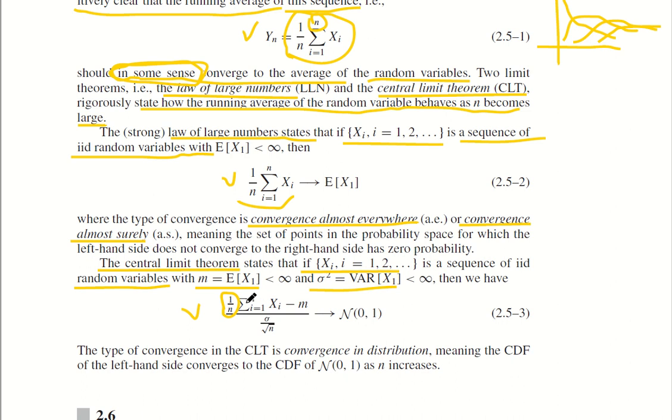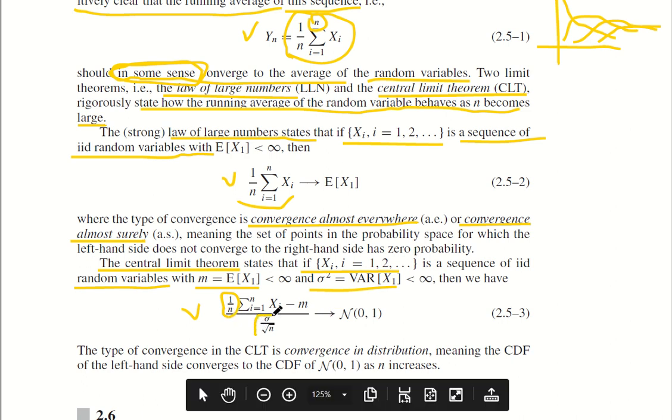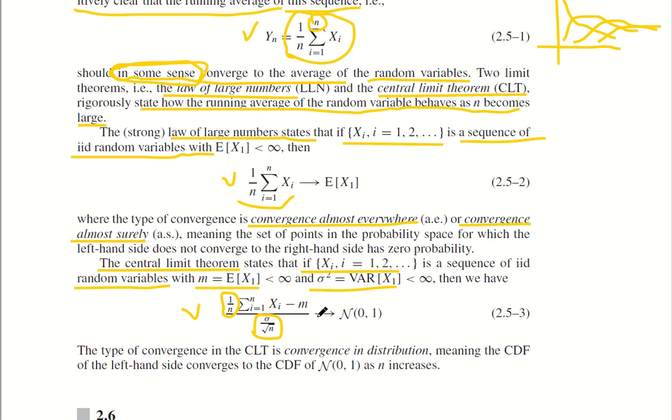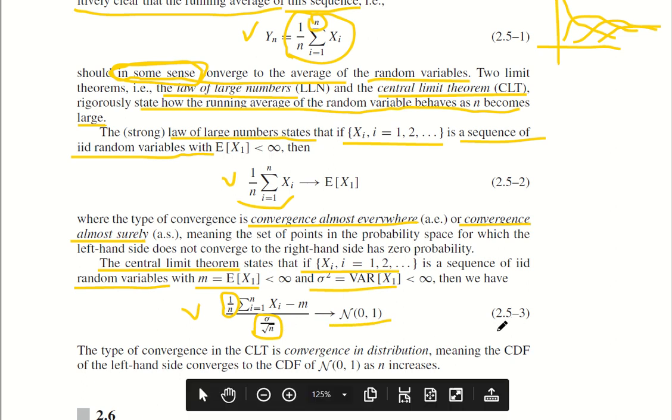So you take the average of the random variable minus the mean, and then you divide it by sigma over square root of n. It converges to standard Gaussian. That is standard normal, right?